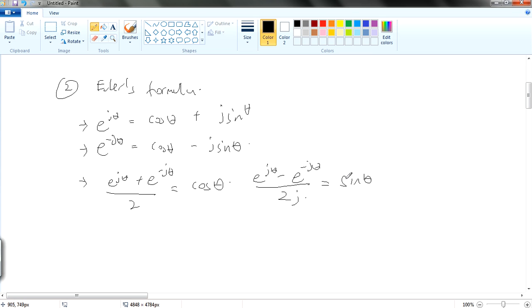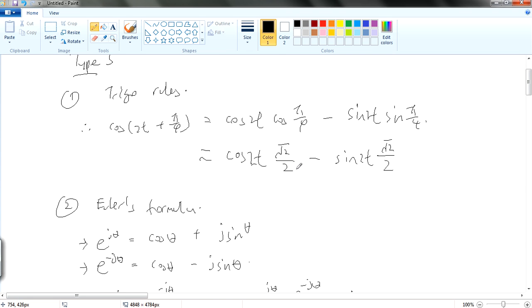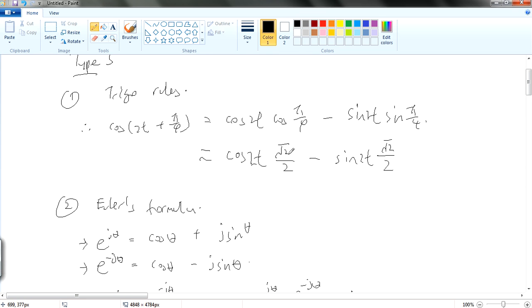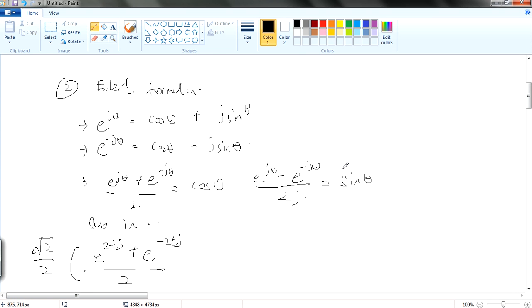Okay, so sub in, you will have cosine as e^(2tj) plus e^(-2tj), over 2, and then because they have the same coefficient, I just take out the coefficient, and then minus e^(2tj).